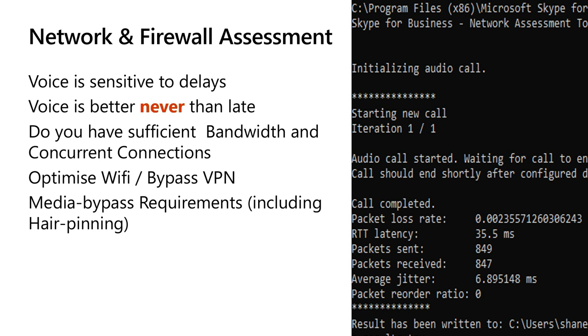Important is voice is better never than late, because when people are talking, if the voice is coming in late, it'll be distorted and hard to hear. Wi-Fi is another one. Also VPNs. Make sure you're always bypassing your VPNs, and you're always trying to get Teams media to Teams as soon as possible.